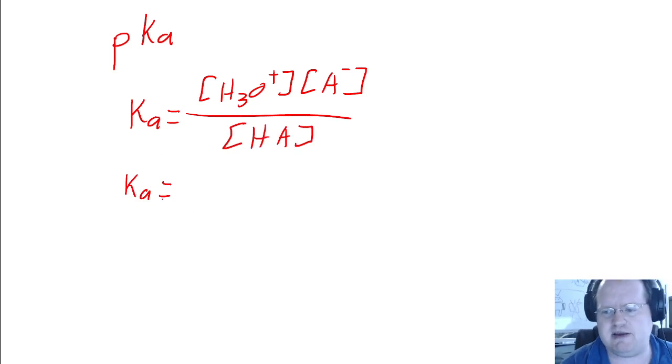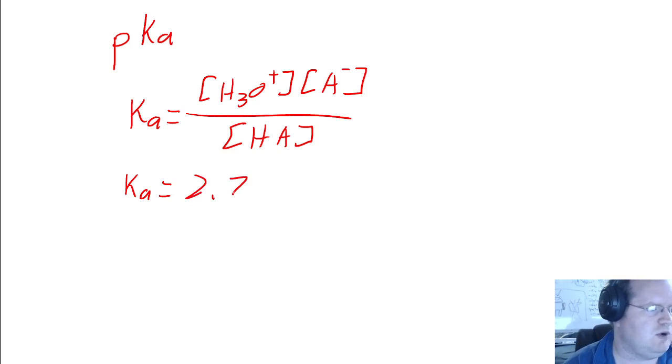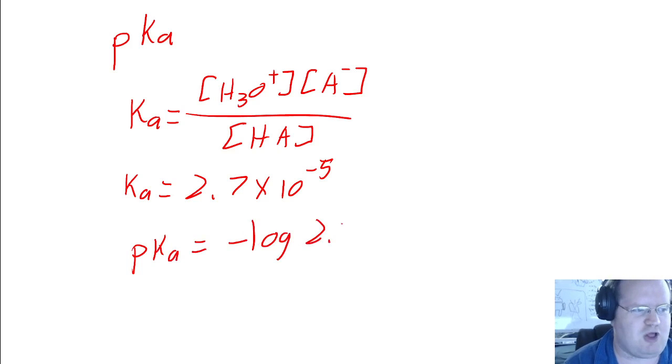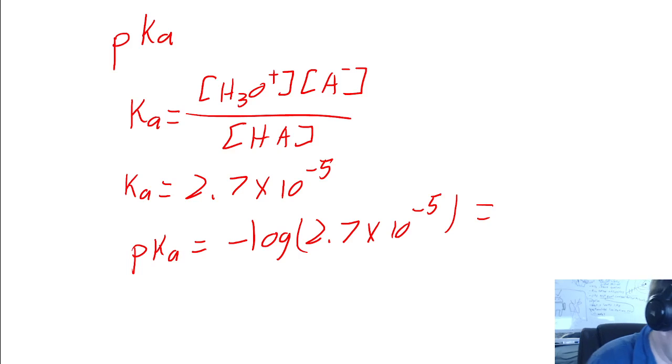So let's say I take an unknown acid, and I find out its Ka is 2.7 times 10 to the negative 5th. Then its pKa, remember that P just stands for negative log, so I can do a negative log of anything. So you take the negative log of 2.7 times 10 to the negative 5th, and you get a pKa of 4.57.